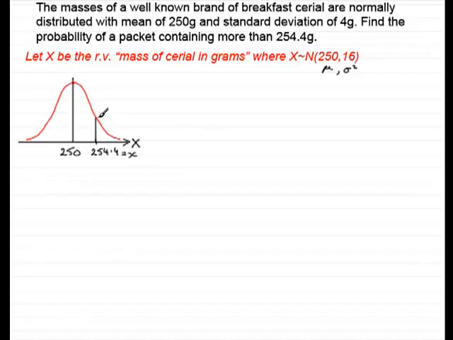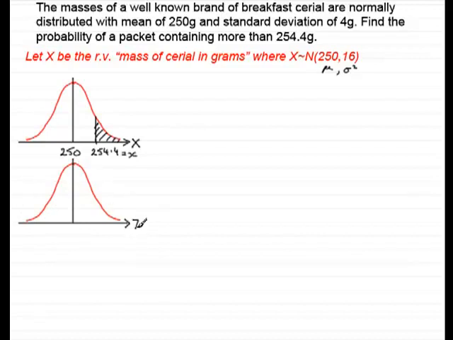So what I'm looking for is the probability of being more than this particular value. In other words, that is represented by this area here, which I'll shade in. Now, in order to do this, what I've got to do is standardize this distribution. So I need to draw another normal distribution below it.